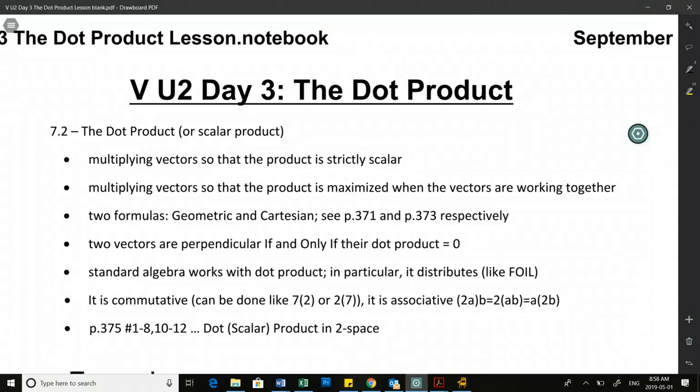Standard algebra works with the dot product. For instance, if I have a scalar, I can distribute that scalar. I can use the commutative property, like 7 times 3 is the same thing as 3 times 7. So the dot product works a similar way, where I can flip it both ways. That's commutative, sorry, what I just described is commutative, and it's also associative.